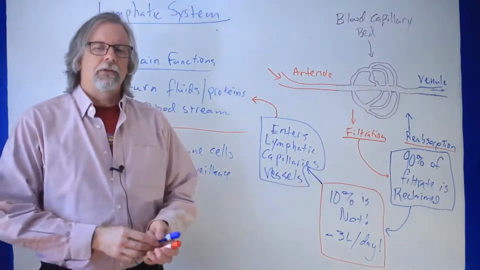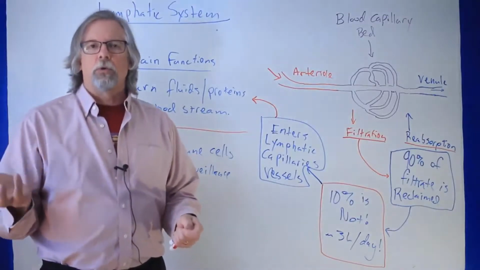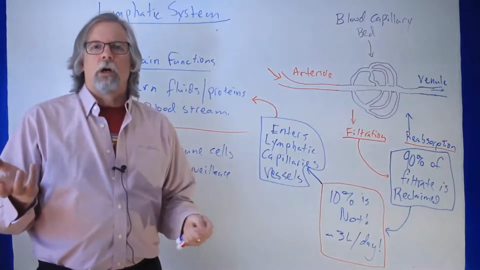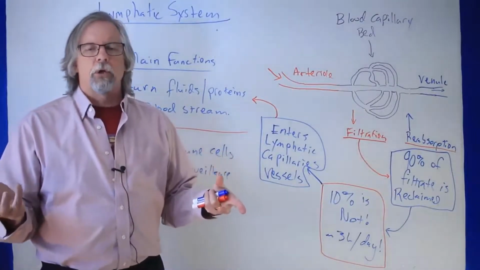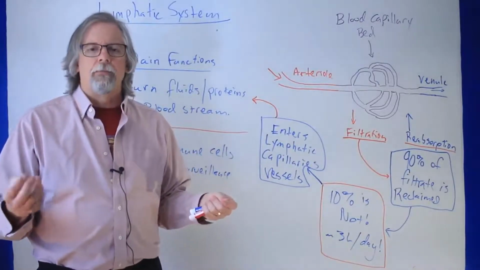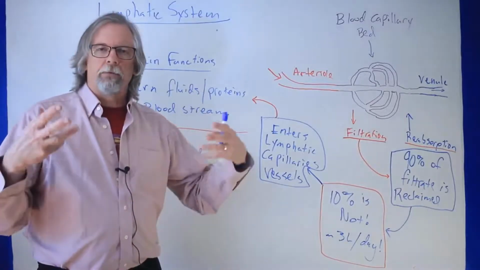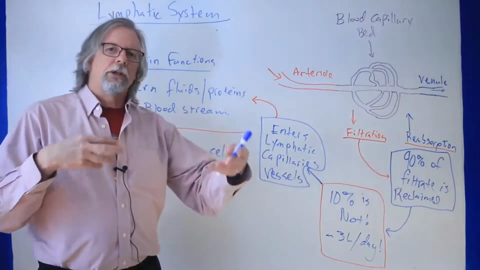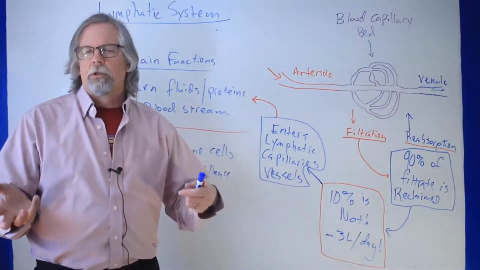Second main function is somewhat related, but involves different structures, different organs, tissues. And that is the lymphatic system comprises a bunch of different tissues and organs, which are sites where immune system cells, these are mostly the white blood cells or the leukocytes, once they're made, are going to take up residence and are going to be exposed to stuff coming into the body, usually in a fluid.